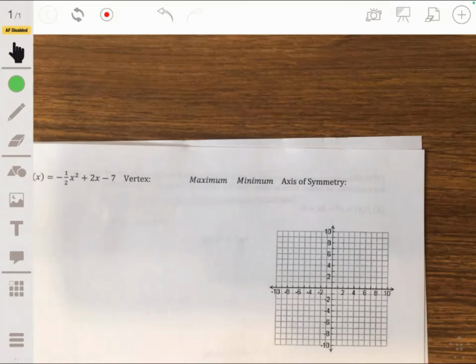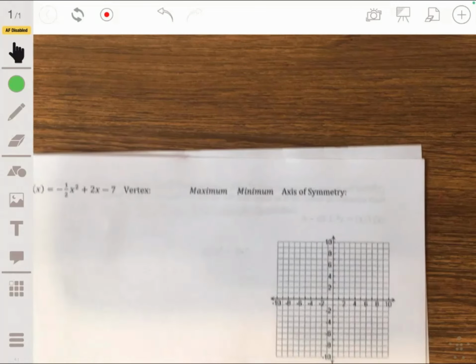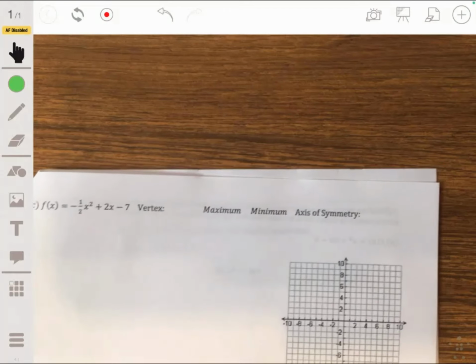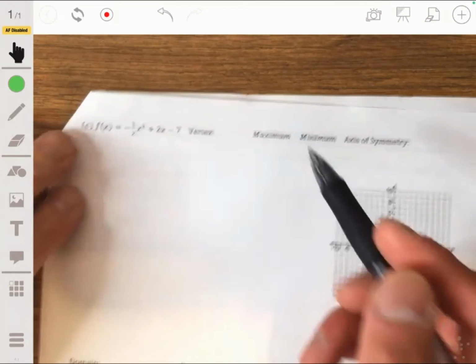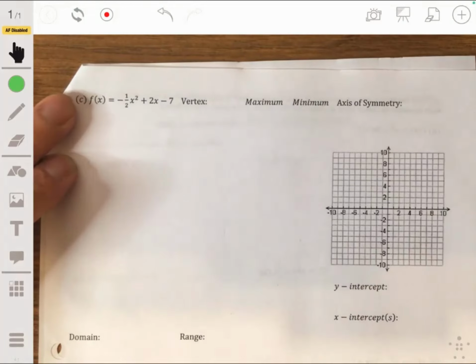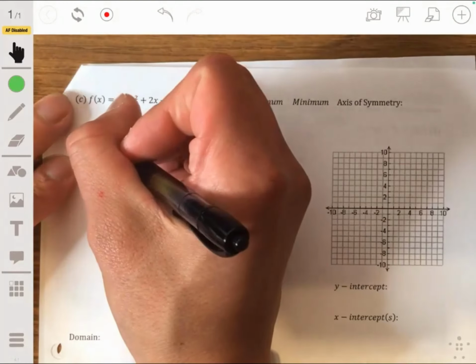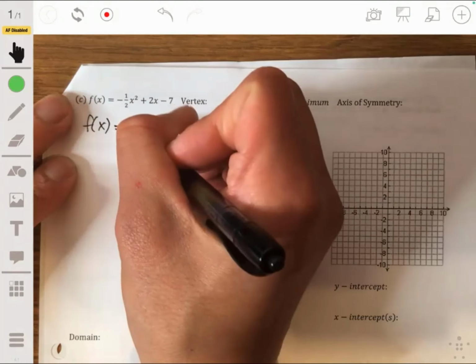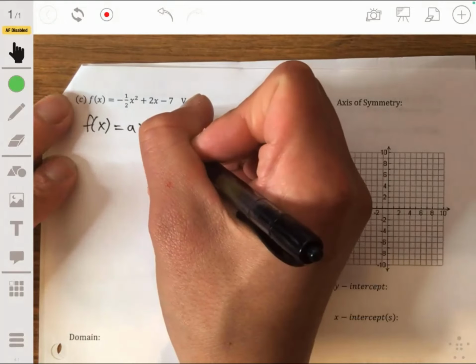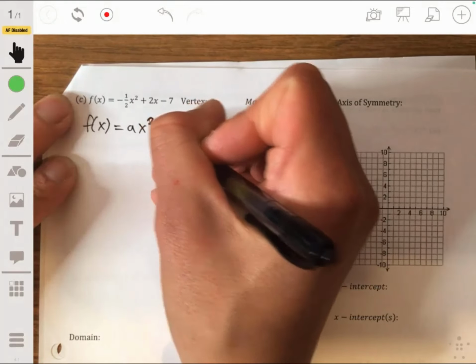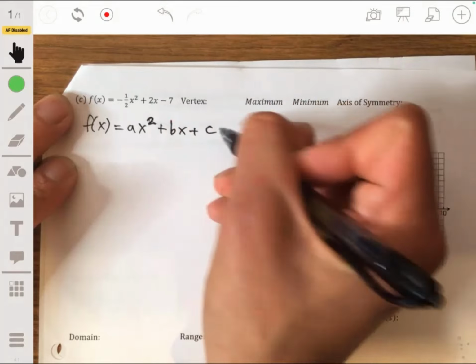All right, next one. Okay, so when you have this form, this is standard form. So here we have f of x equals ax squared plus bx plus c.